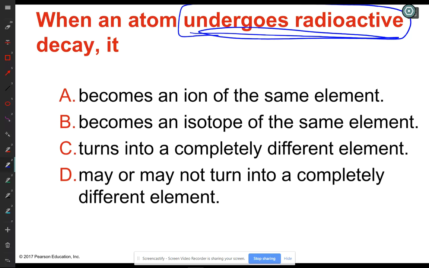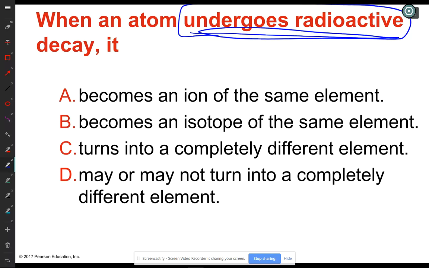That is, you could have the number of protons changed because of something that left. Or you could have the same element, but a different energy state. So it may or may not turn into a completely different element is the correct answer. It could do either one. So elements can change. Radioactive decay can change an element.